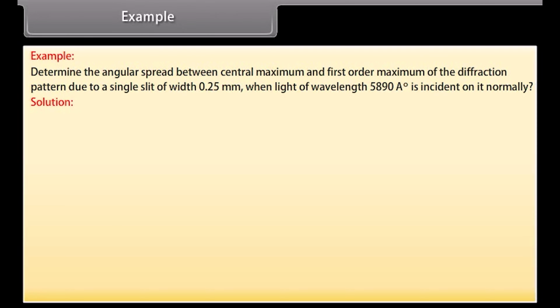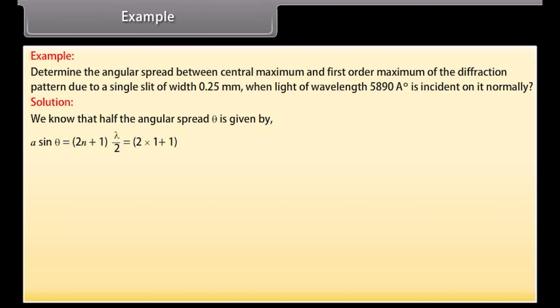Let's see the solution. We know that half the angular spread is given by a sin theta = (2n+1) lambda by 2. On equating this, we get a sin theta = 3 lambda by 2. When theta is small, then the value of sin theta is equivalent to theta.